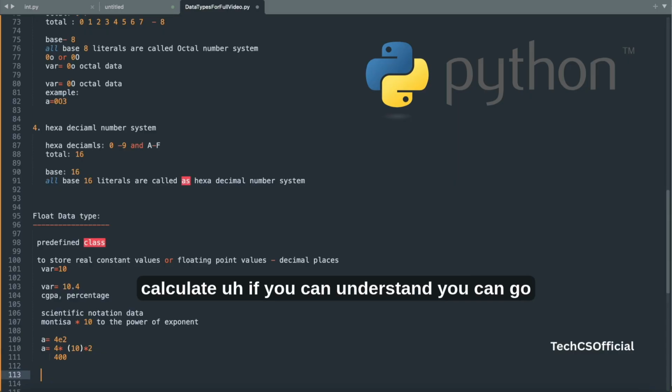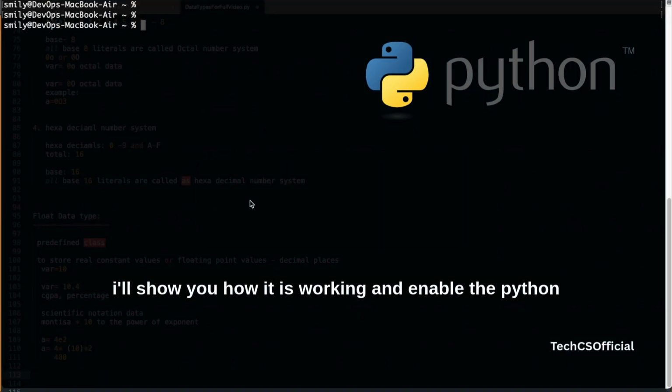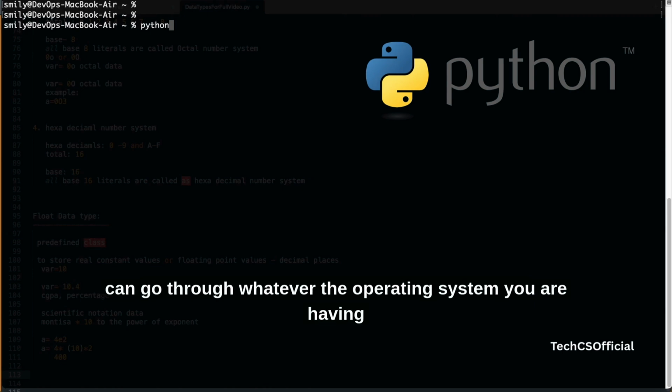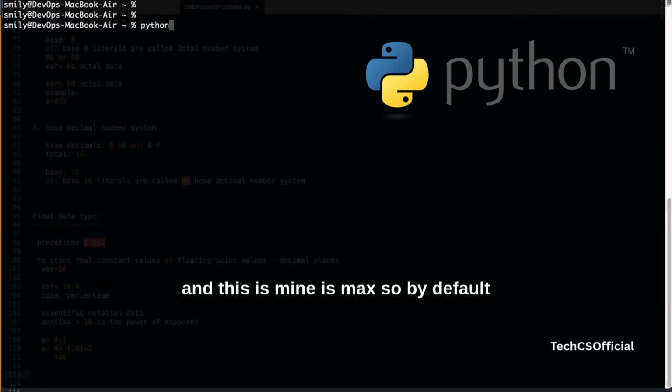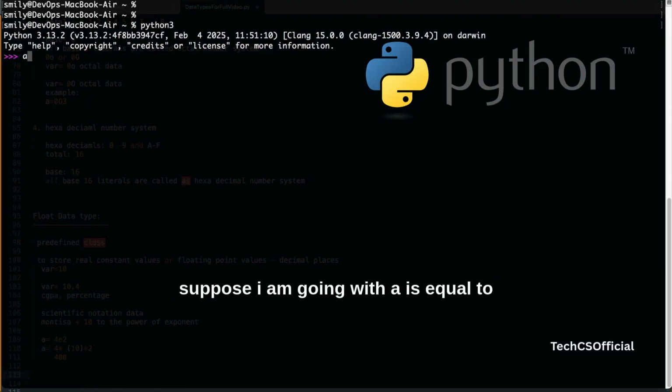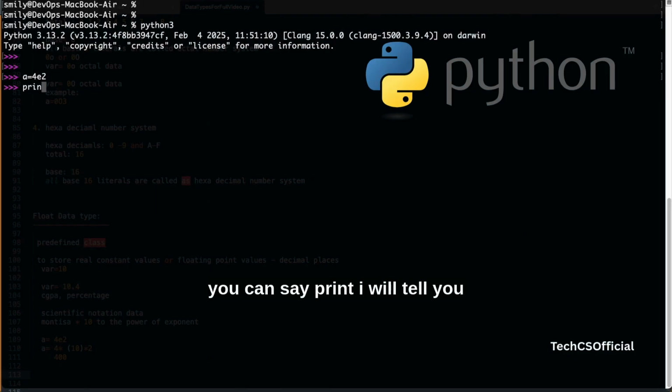If you understand, we can go directly to the terminal and I'll show you how it works, and enable Python. If you are not familiar with the terminal, you can go through whatever operating system you have. Mine is a Mac, so by default it comes with Python. I'm writing a is equal to 4e2 directly, and you can check what exactly it is using print.